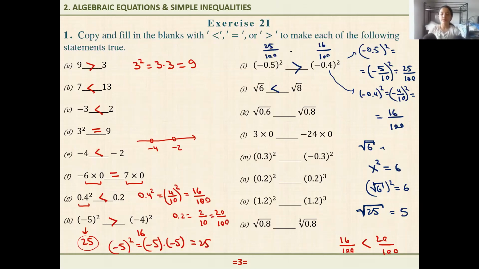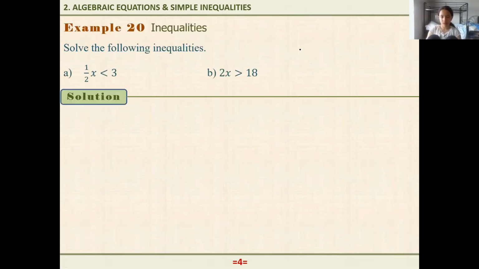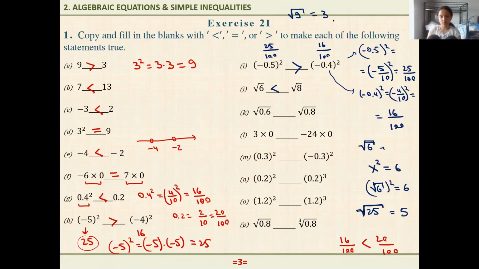Similarly, square root of 9. It means what number's square is equal to 9? That means 3, right? Because 3 squared is 9. So square root of 9 is equal to 3. Like square root of 4 is equal to 2, because 2 squared is equal to 4. Square root of 100 is equal to 10, because 10 squared is equal to 100.